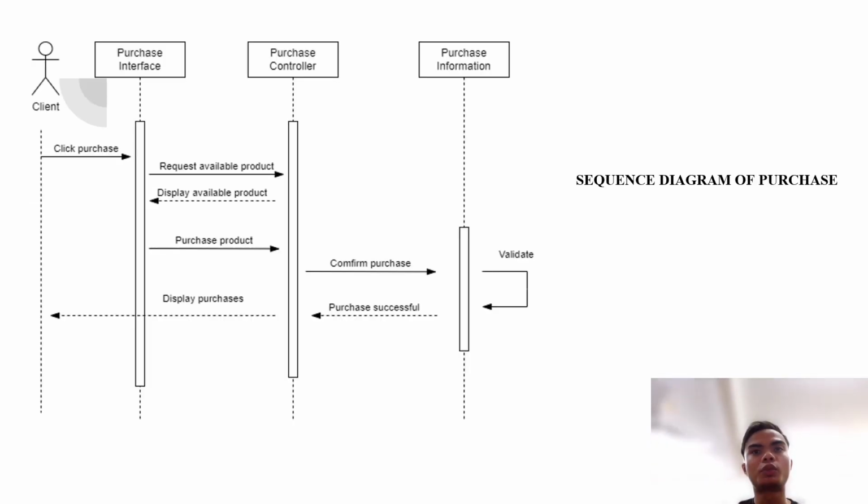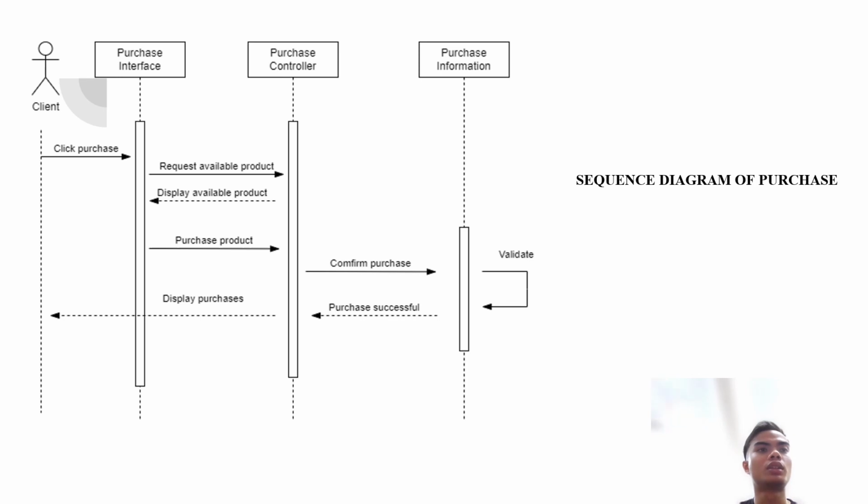My second sequence diagram is the sequence diagram of the purchase. In this page, the client will click purchase, and the purchase interface will send the request for available products to the purchase controller, and the purchase controller will display available products to the purchase interface.